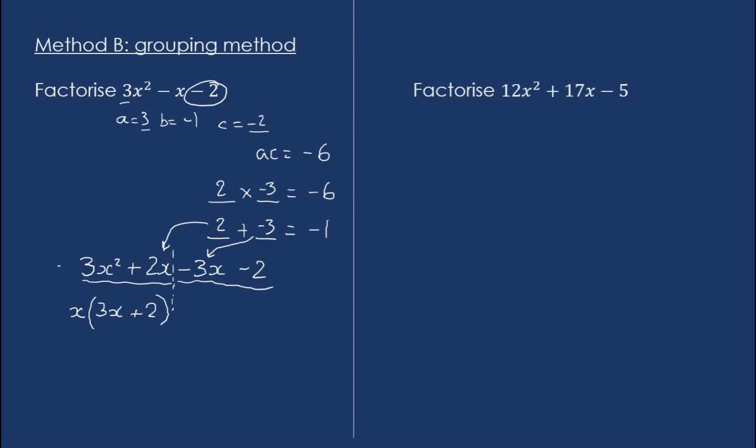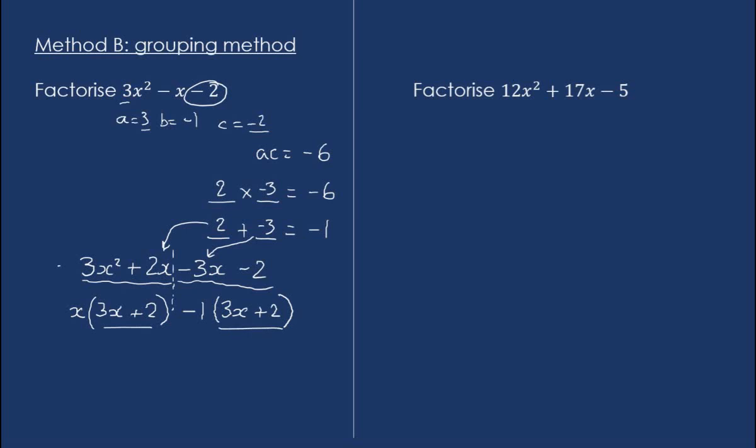Now, something common to both of those is first of all a negative, and then there isn't anything else common to both of those, but I am actually going to put a 1, which we wouldn't normally do when factorising something like this, but I am going to in this case, and you'll see why in a minute. Now, I times -1 by 3x to get -3x, and I times -1 by 2 to get -2. And if you've done this correctly, you will always get the same expression in these brackets.